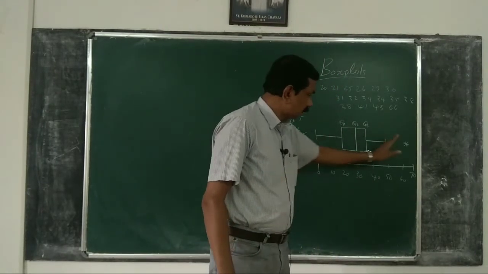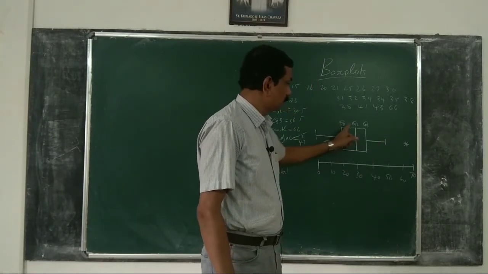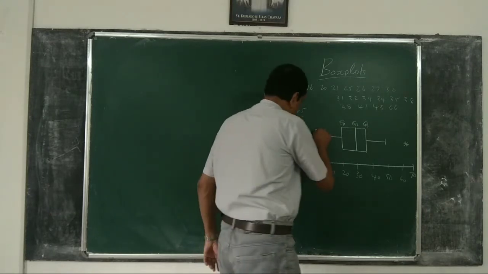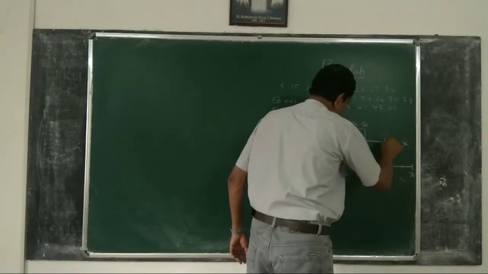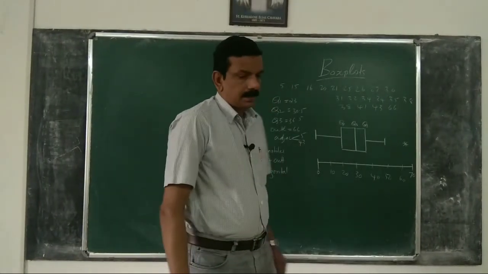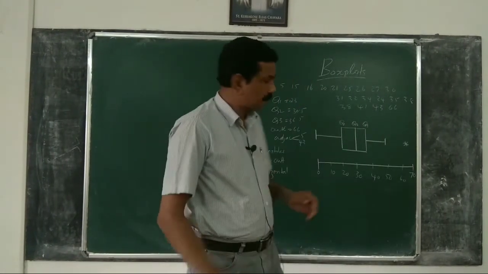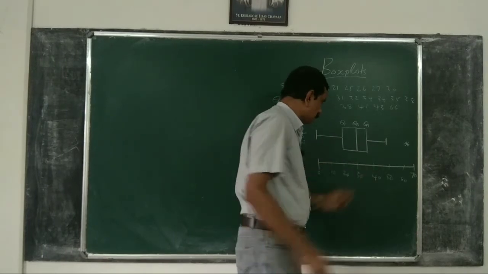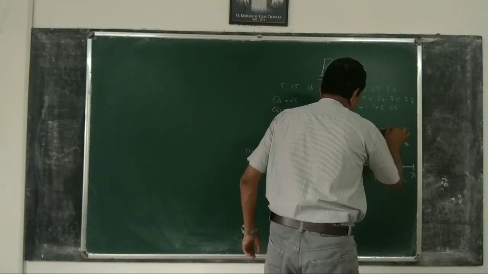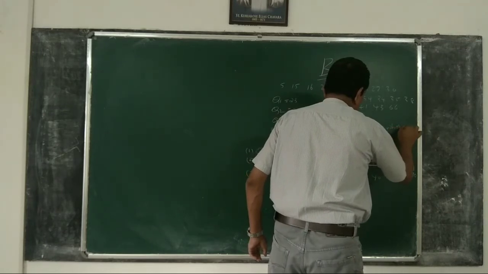The box plot: Q1, Q2, Q3. Then these are the adjacent values. This is the outlier. And the lines extending from the box are known as whiskers. This is a whisker.